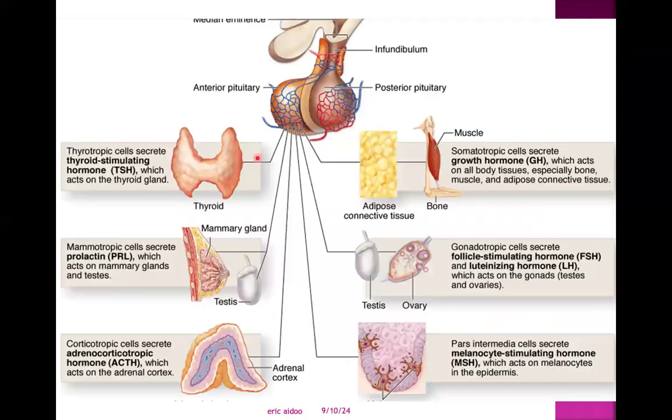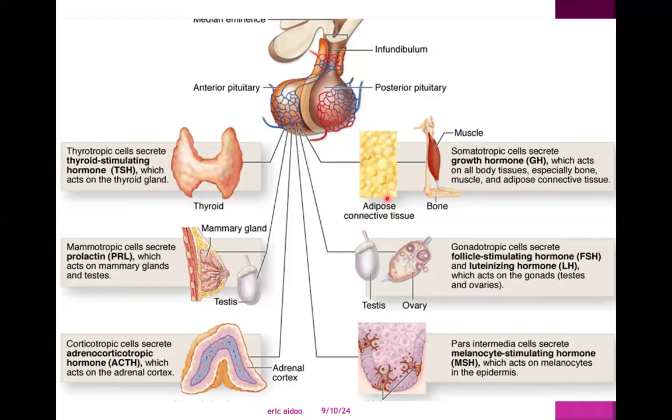So these are again some of the functions of the pituitary gland. In this case, we are looking at the anterior pituitary. So thyroid stimulating hormone, TSH, prolactin, which acts on the mammary gland and testis, then corticotropic hormone relating to the adrenal cortex.